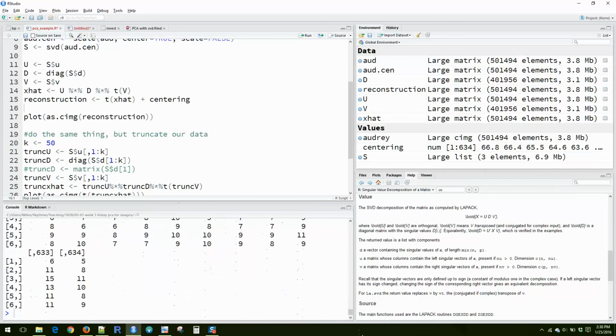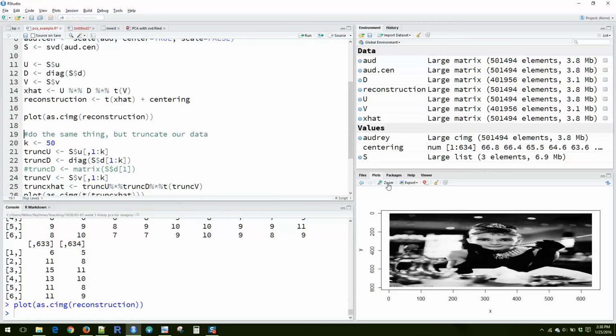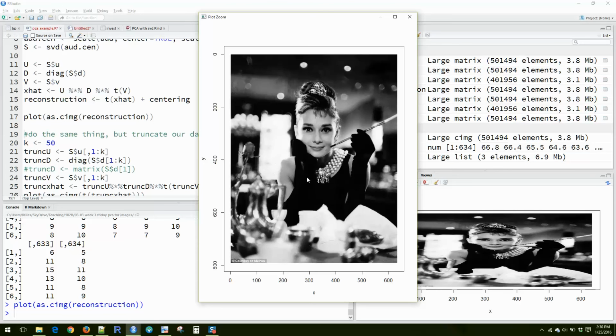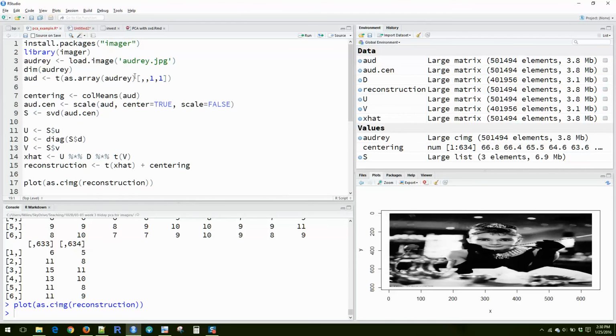Okay, and so essentially, if I now plot this as an image of our reconstructed data matrix, I get our image back. When you load up the Audrey image, it creates the C image thing.